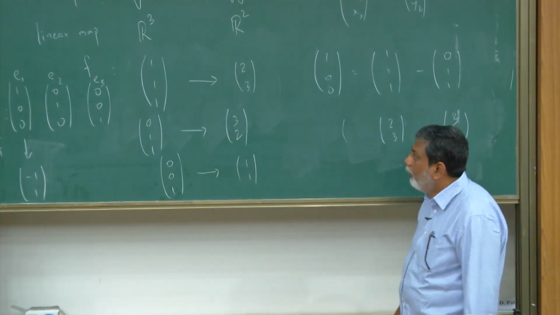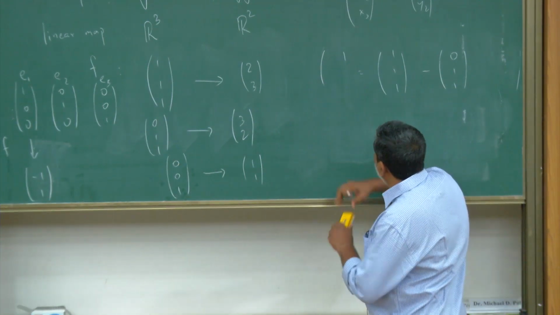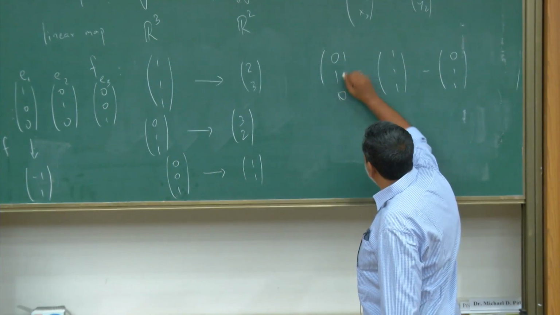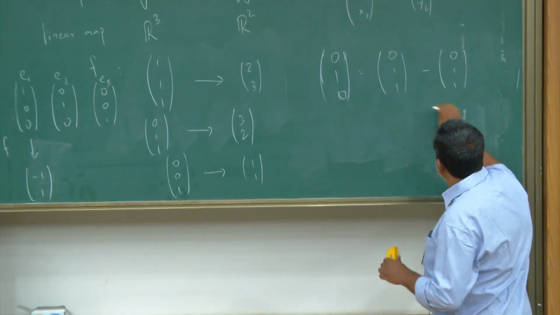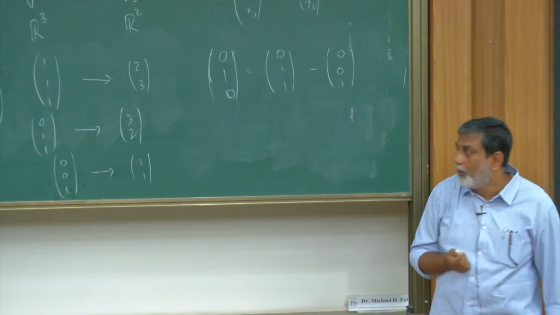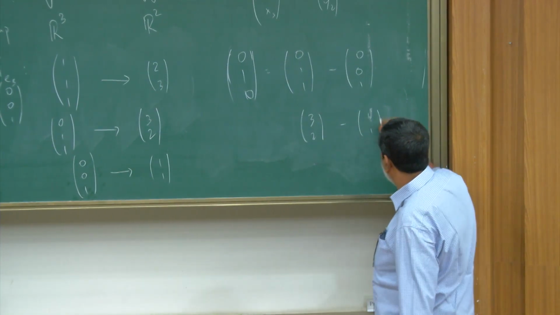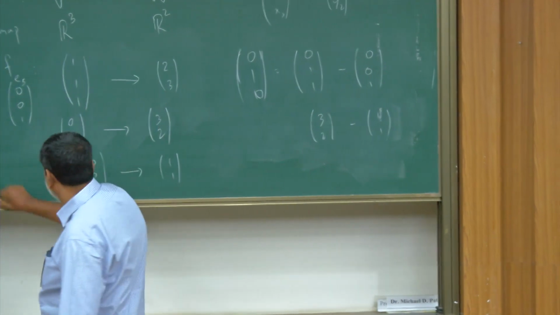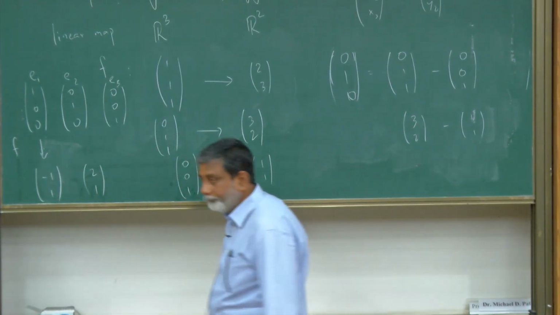Where does (0, 1, 0) map to? It maps to (3, 2) minus (1, 1). So that's (2, 1).